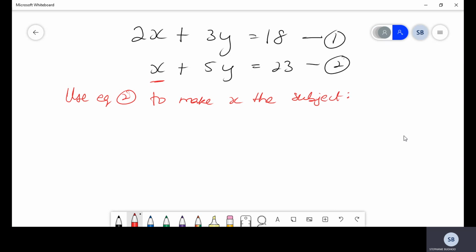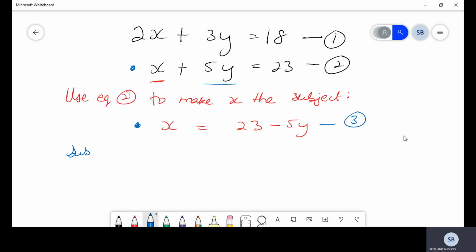Using equation 2, I will get x to be equal to 23 subtract 5y. I just had to take one step and I needed to carry across my 5y to the right-hand side, rather subtract 5y to both sides. Now I'm going to call this my equation 3, and we have used equation 2 to generate equation 3.